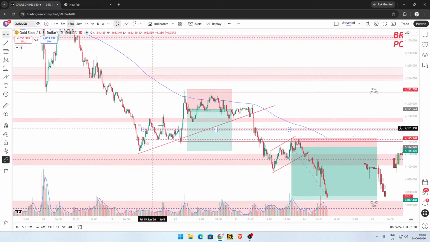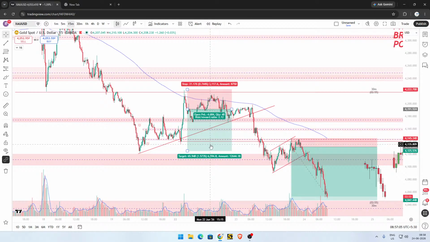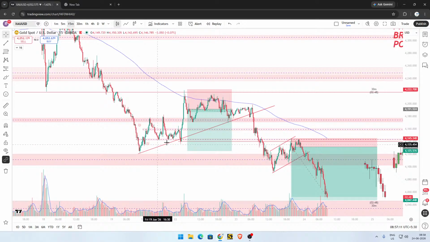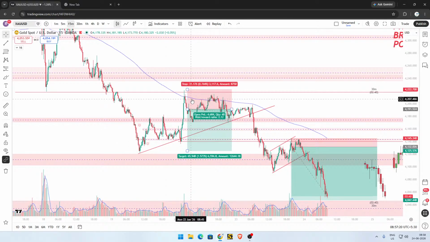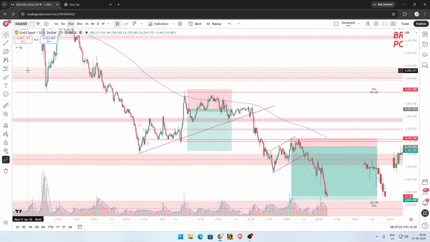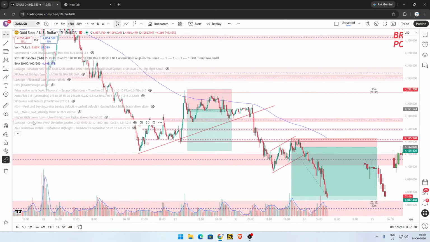So here was not a very proper setup, but the setup was kind of my trend line chart pattern. So one touch, two touch, three touch, meaning lower low, lower high, then higher high.